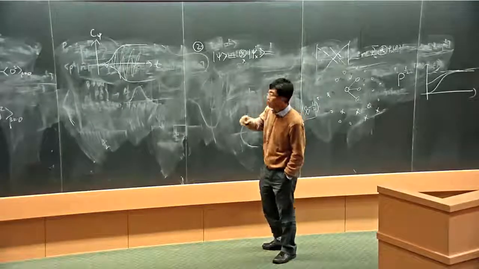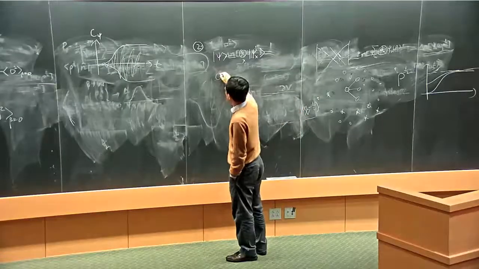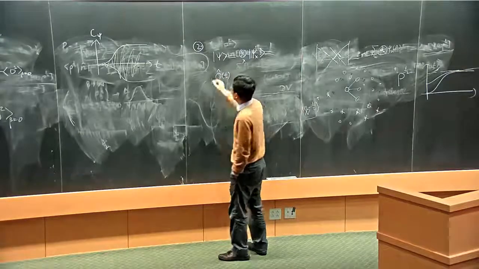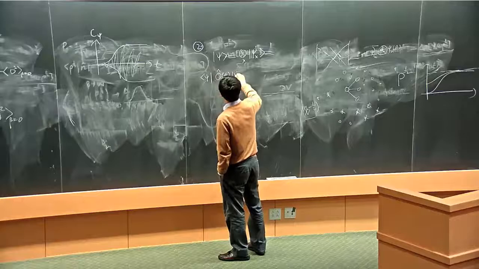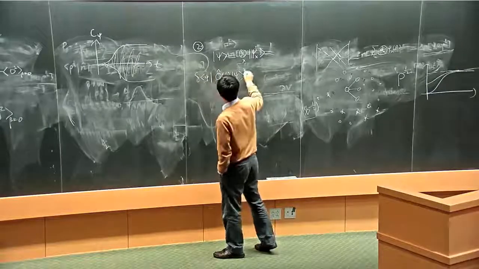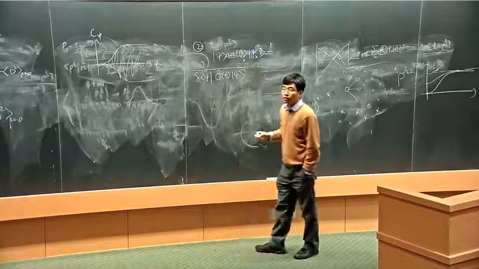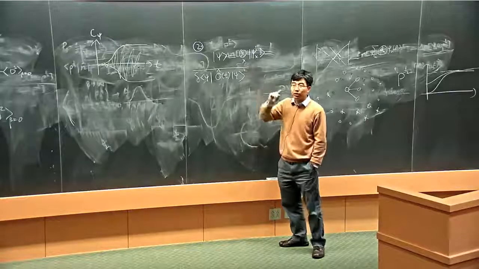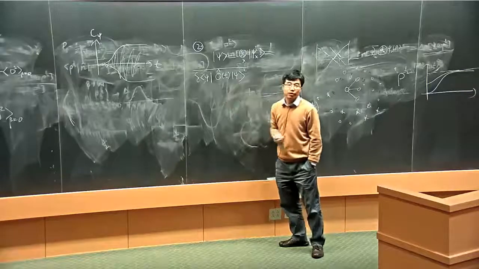So let's consider some operator and then measuring that operator at time t with the initial state psi. And now I look at the same quantity. I look at how, when I vary the different initial states, how big is that fluctuation?